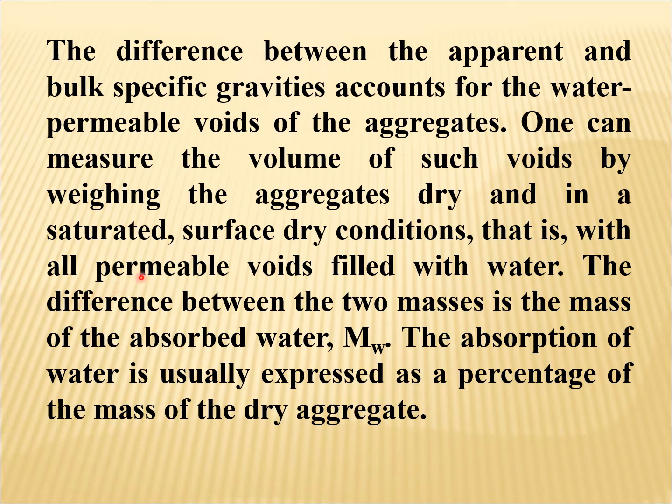Okay, to get the weight of saturated surface dry aggregate, what we do, we just immerse the aggregate in water for an appreciable period of time, generally 24 hours, and then you can take out that aggregate from the water container, and then you can use some water absorbing cloth or some sort of towel upon the surface of the particles, and in this way you will be getting the saturated surface dry condition.